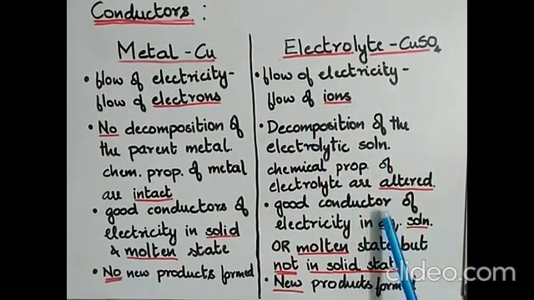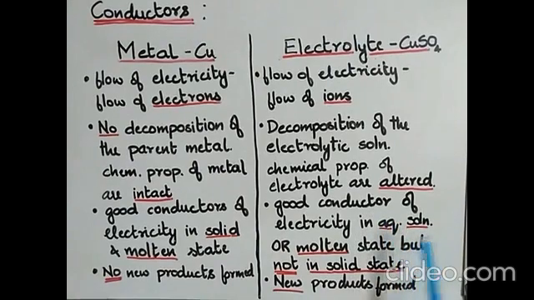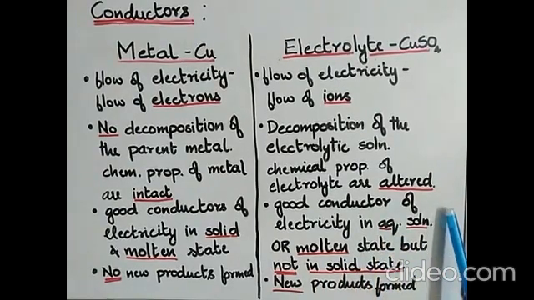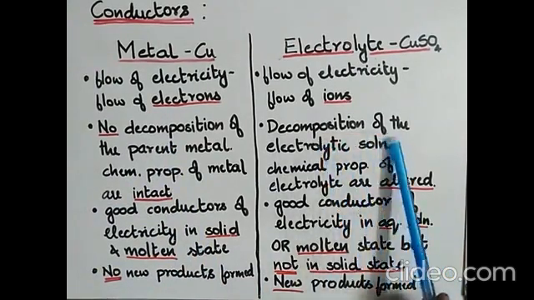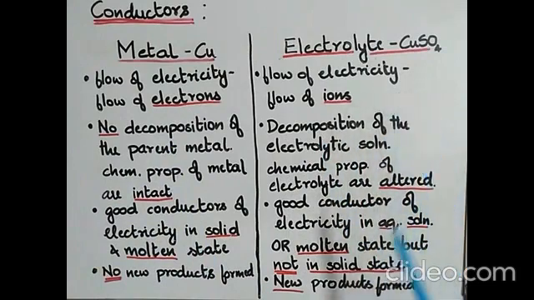It conducts electric current only in the aqueous solution state or molten state, because only then are ions present. Ions are required for conducting electric current. So coming to metals, because there is no decomposition taking place, no new products are formed. Whereas in an electrolyte, there is decomposition of the electrolyte, therefore new products are formed.